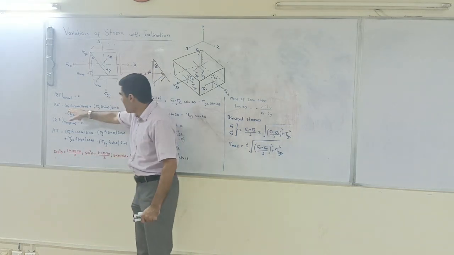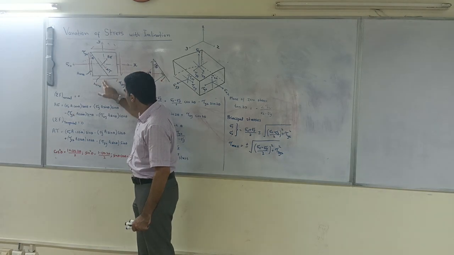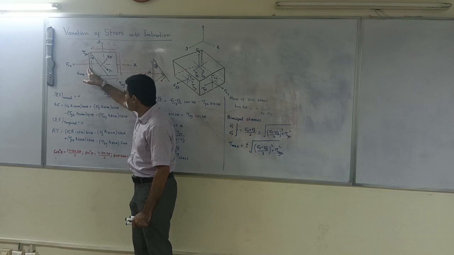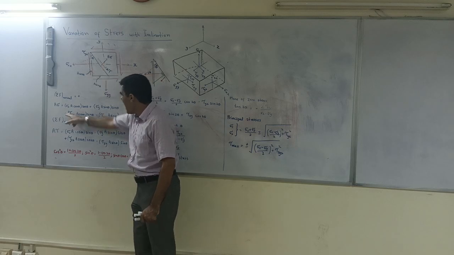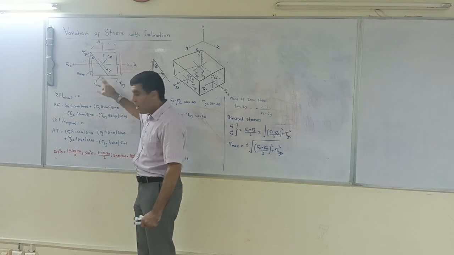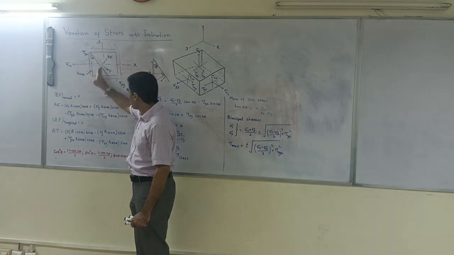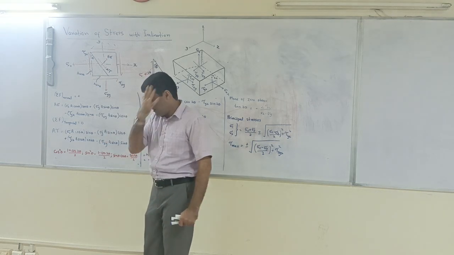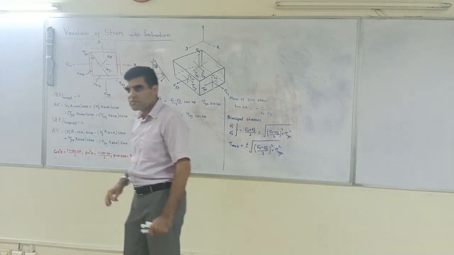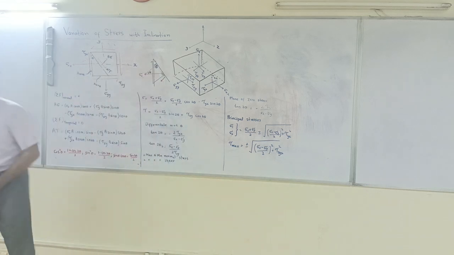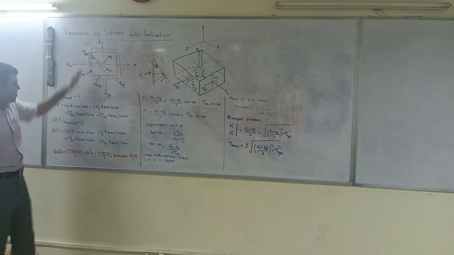So this stress x is positive. The stress y is similar, that will be positive. This one will be negative, and this one will be negative again. All their components are facing in the direction of the plane, so that is negative. Agreed? Are you guys with me on this? Yes. Okay.